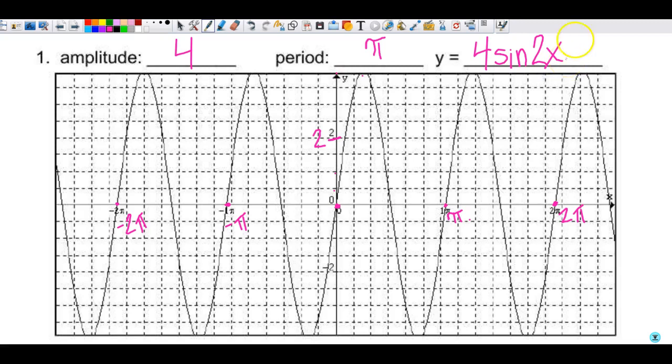Let's figure out how we know that that is 2. Well, we know how to find the period. To find the period, you take the normal period for sine, which is 2 pi, and you divide it by b, and that equals your period, which happens to be pi. So if 2 pi divided by b equals pi, then 2 pi divided by pi is equal to b. That gives me 2, and this is my b value right there.